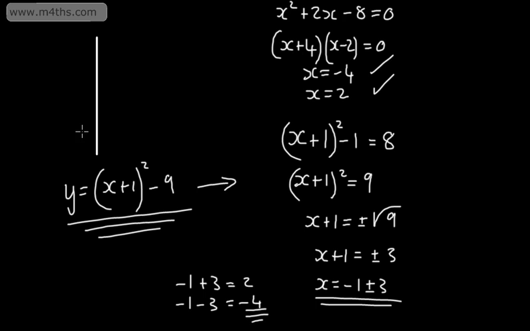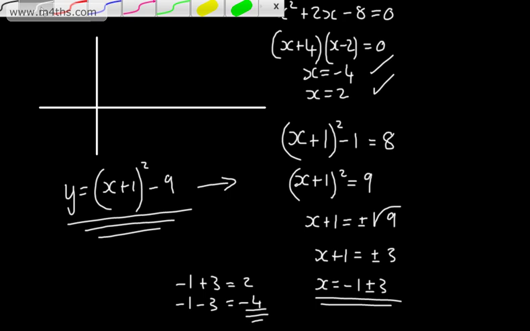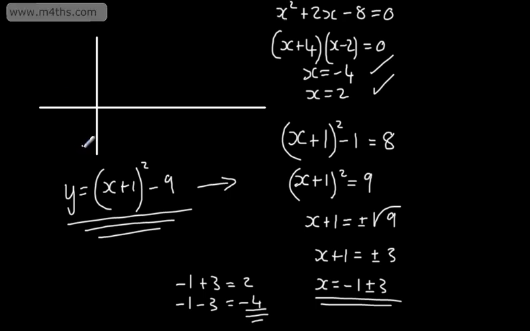If we went ahead, our axis of symmetry is going to be the line x is equal to negative 1, and we're going to look at that shortly. So we've got this point just here, and I'm going to put it just here. This is going to be the point now, negative 1 comma negative 9. We know that we have a solution just here at negative 4, and we have one just here at 2, and we could draw the graph like so. So we come round, and it would look something like that.